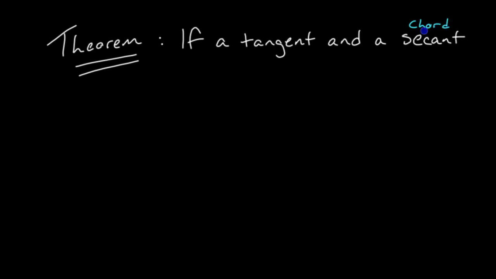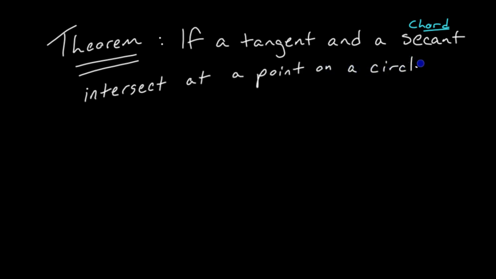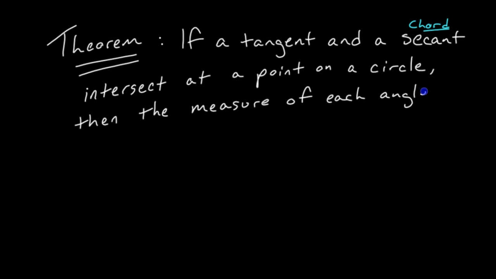So if you've got a tangent line and a chord, and those two things intersect at a point on the circle, then the measure of each angle formed is 1/2 its intercepted arc.